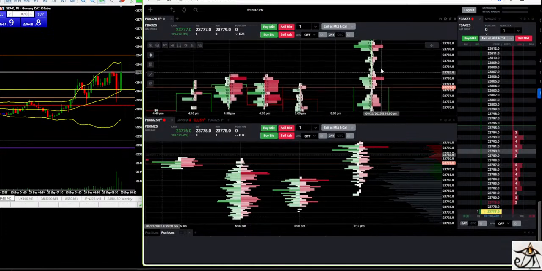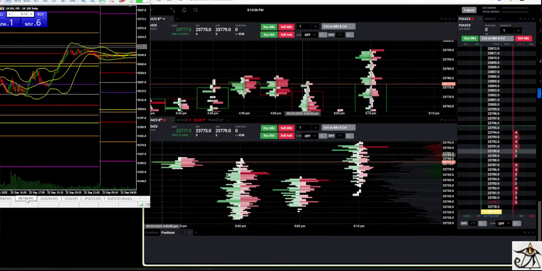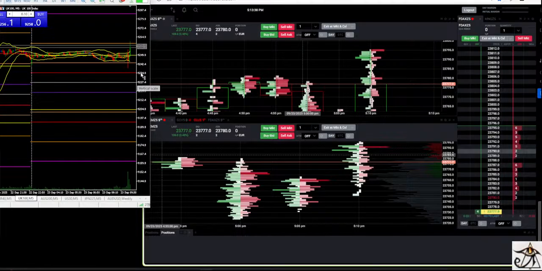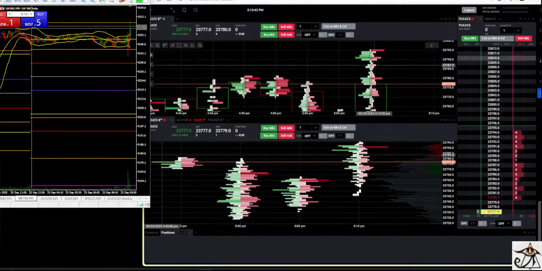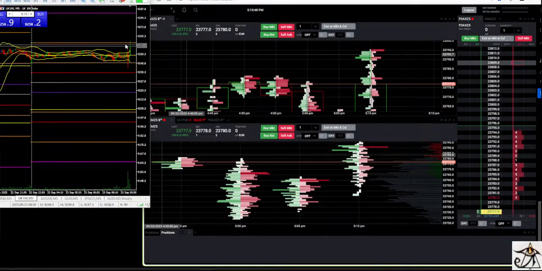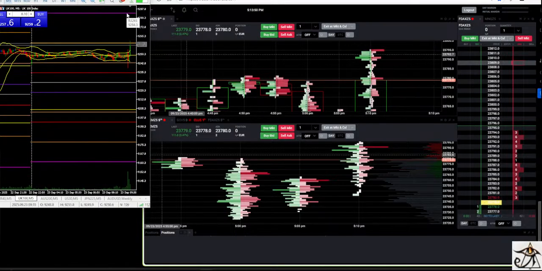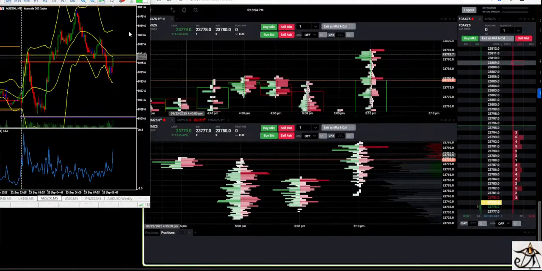Just while we wait for the market to do something on the DAX, I'll go and check these other markets. So we've had the UK tap the R2. So I'd imagine we may come down from that point, unless it's going to shoot up to the R3, for example. It's just good to know these things.